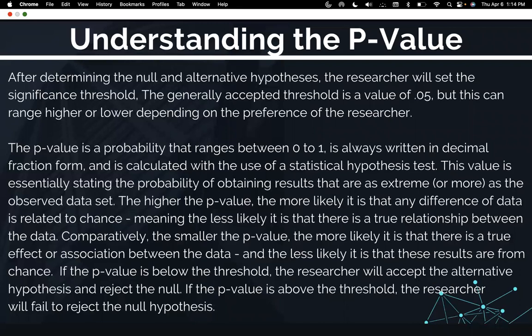But the smaller the p-value, the more likely it is that there is a true relationship between the data and that these results are not simply from chance. As we mentioned, if the p-value is below our determined threshold, we can accept the alternative. But if it's above that threshold, then we will fail to reject the null.